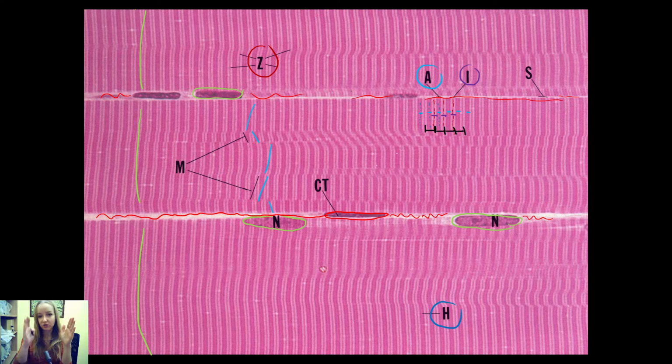We have one Z line, a second Z line, and everything in the middle is called a sarcomere. That's why it's called Z line, because it's from German. It means zwischen, that's between, so the Z line is between sarcomeres. We will describe this in even more detail, so be prepared.